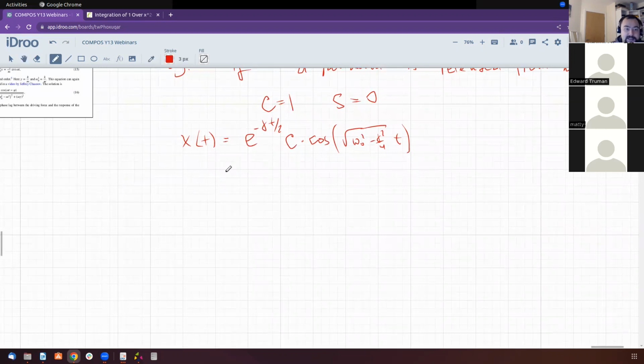And this thing, the square root of omega 0 squared minus gamma squared over 4, it's the angular frequency of damped oscillations.